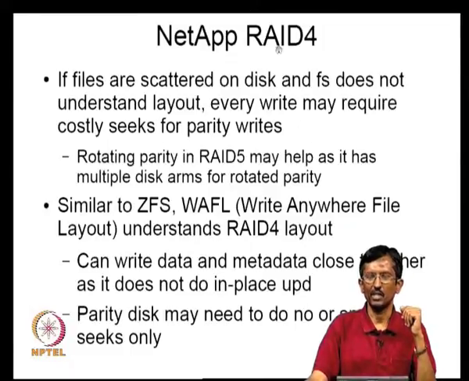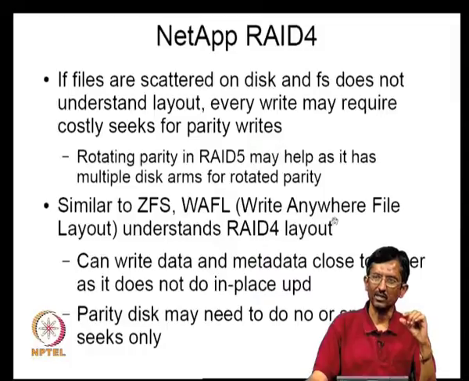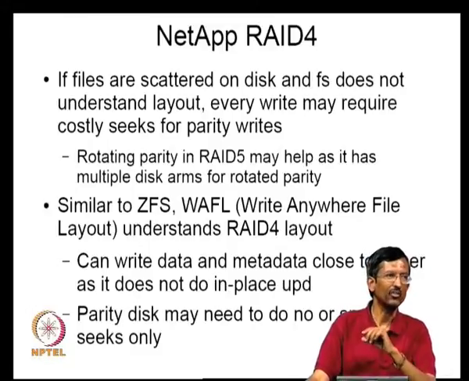So what NetApp has done is, because they have this notion of write anywhere. Basically what it means is that whenever they are doing any bunch of writes temporally together, they will all be hitting the same, very close by areas, and the parity disk also, the areas will be close enough.